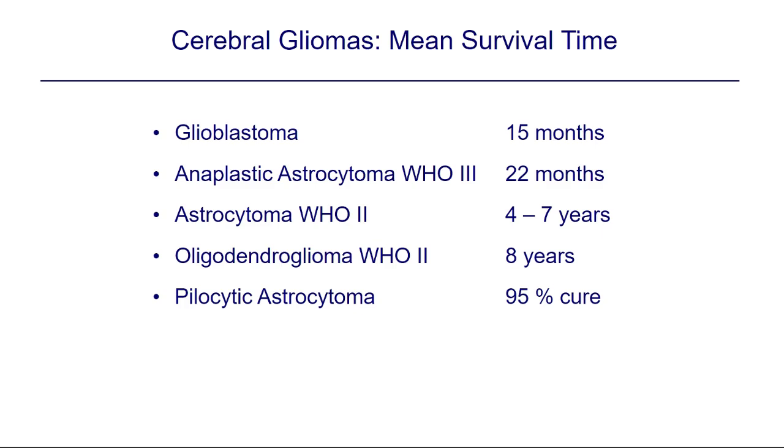An exception is only the pilocytic astrocytoma occurring in children and young adults, which can be cured in 95% of the patients. These data are based on older WHO classifications. Today, molecular markers such as IDH mutation play a more important role for prognostication.